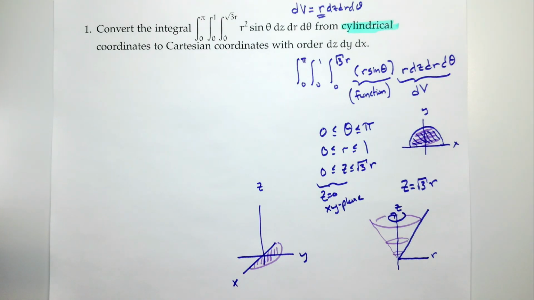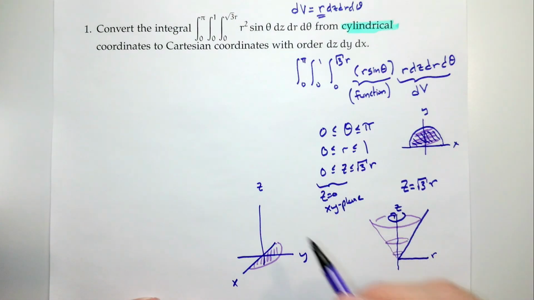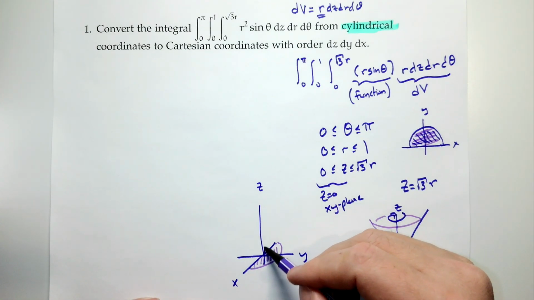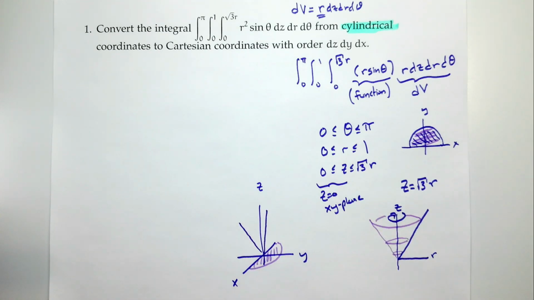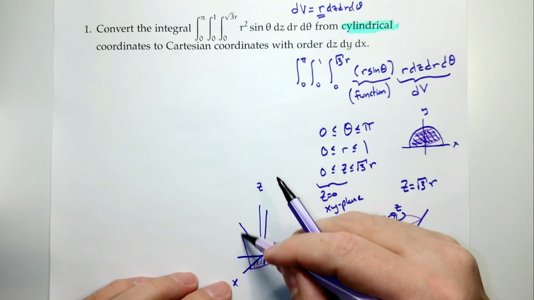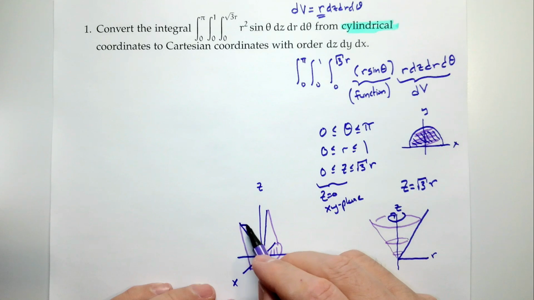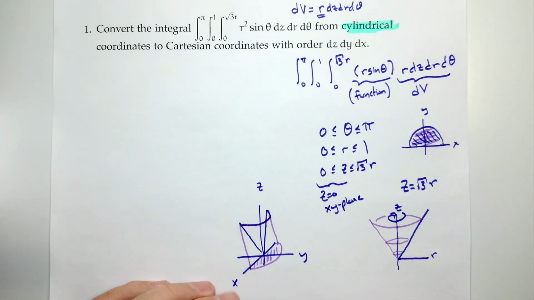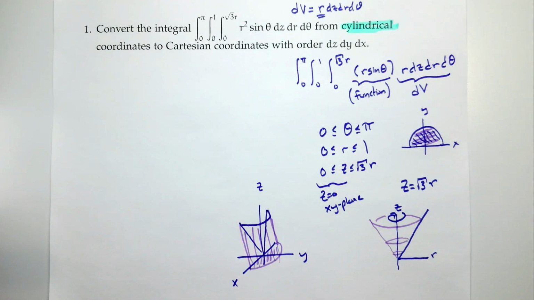And now we're going to go from the xy plane, that's z equals 0, up to this cone. So I have this cone that's coming out, and I'm going to go up to the cone, and it looks something like that. You might be saying, I'm not quite sure I see what that shape is.